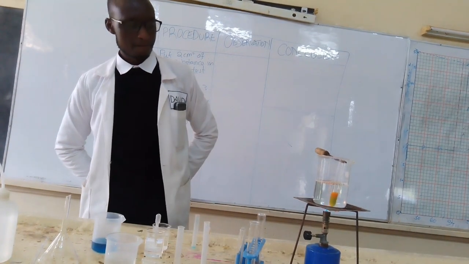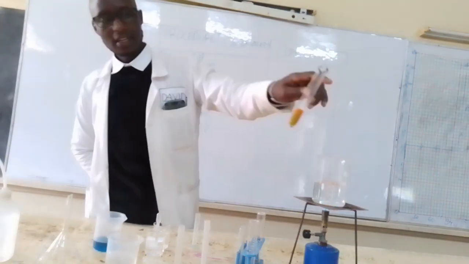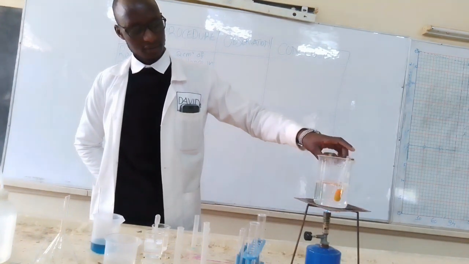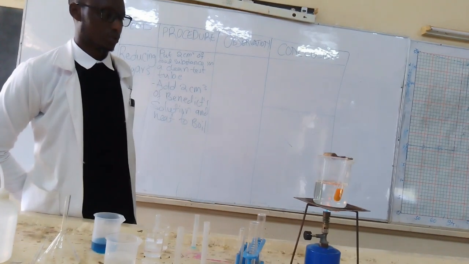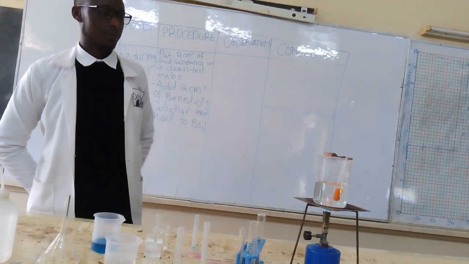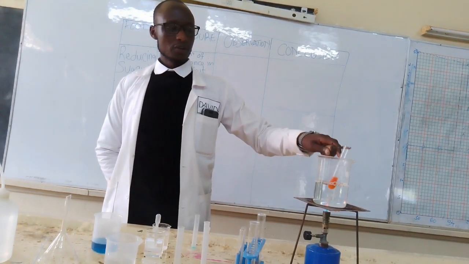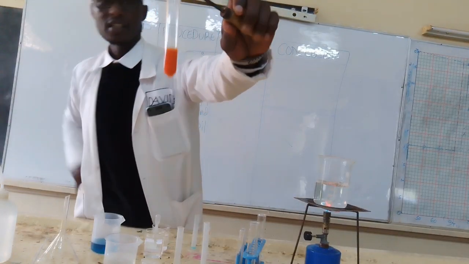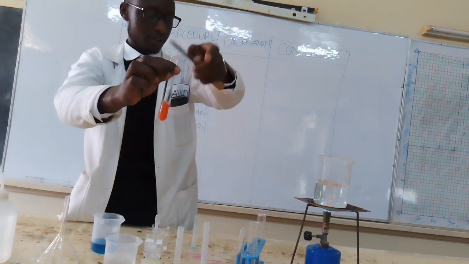Now the color is yellow. We are moving slowly. We shall see the final color of the same solution. There we go. Look at that color. That color is orange, and that is the final color of my result. That is the final result.